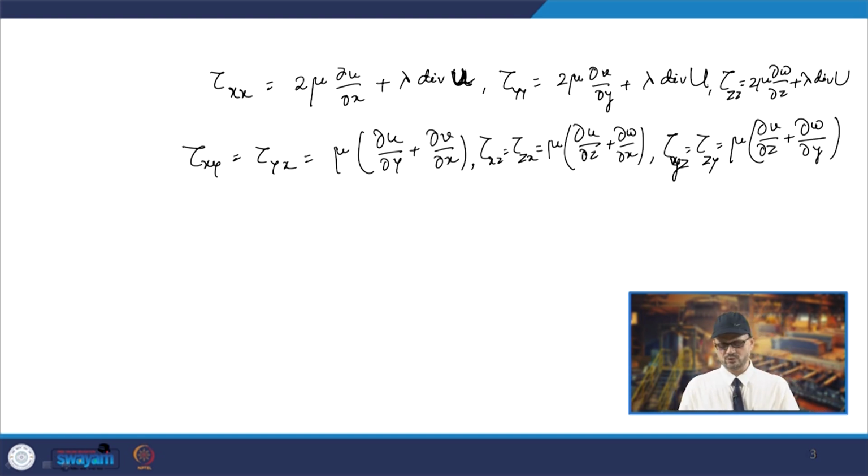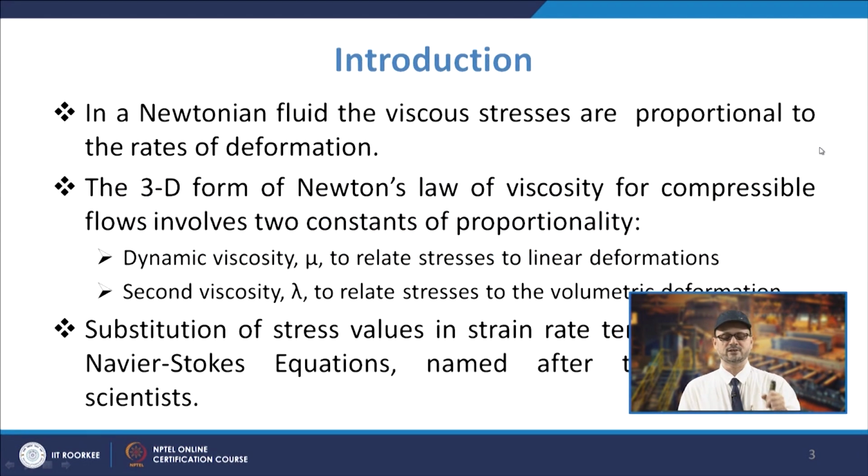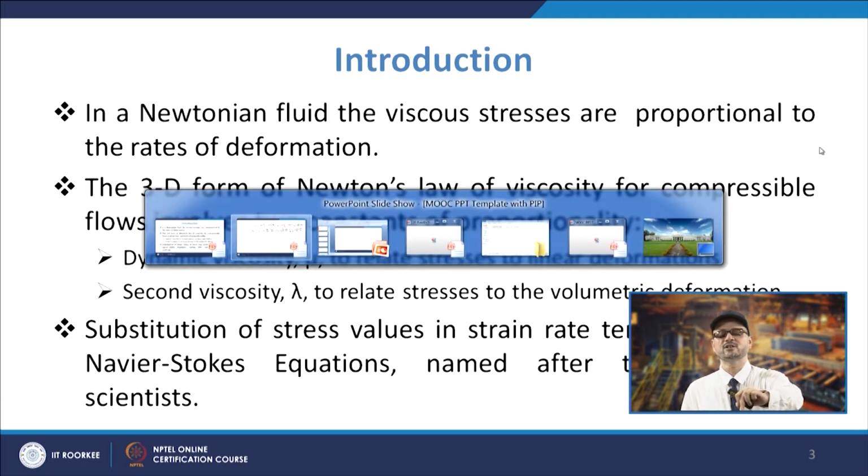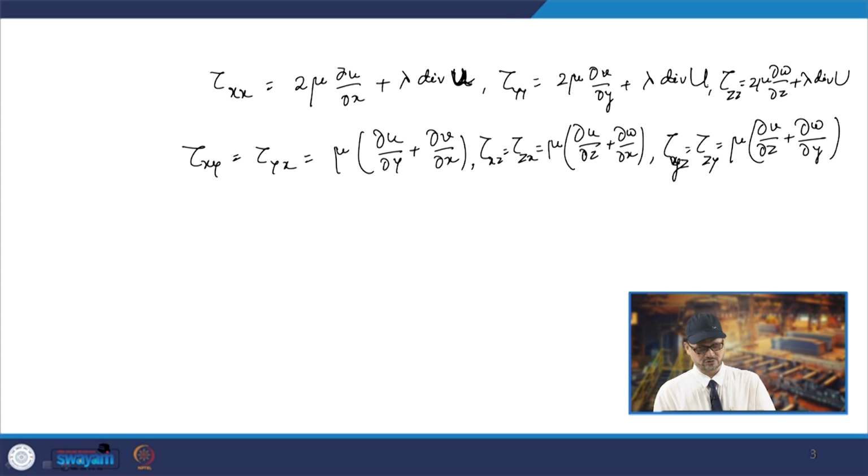So, that way you have these viscous stresses, which can be expressed in terms of these deformation components, that is, in terms of strain rate, and then written into the momentum or the energy equation. That was done independently by two scientists, Navier as well as Stokes. That is why the equations which we obtain are known as the Navier-Stokes equations.